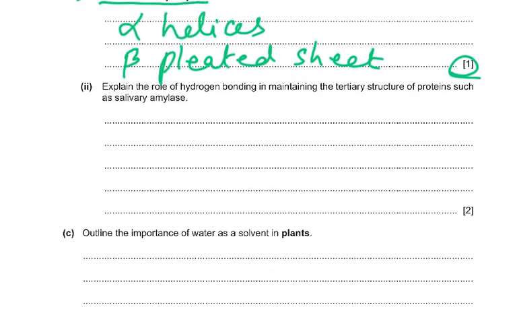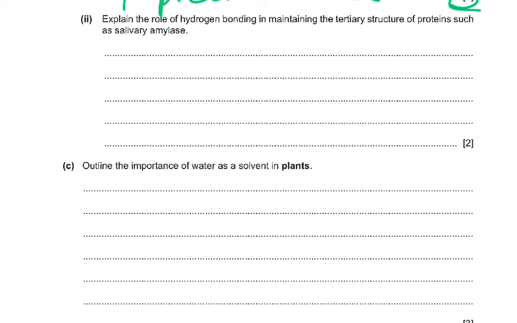Then coming to part 2, explain the role of hydrogen bonding in maintaining the tertiary structure of proteins such as salivary amylase. Tertiary structure is going to further stabilize it. So hydrogen bonds help to stabilize it, between R groups with amine and carboxyl groups, and maybe between amino acids far apart in the primary structure.